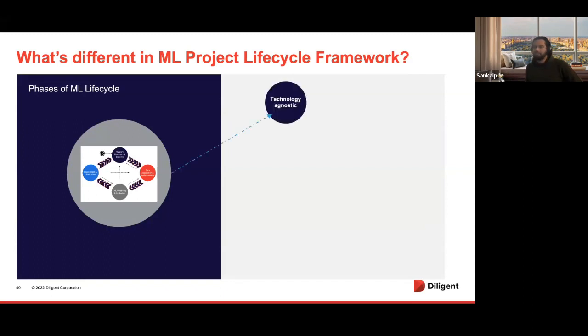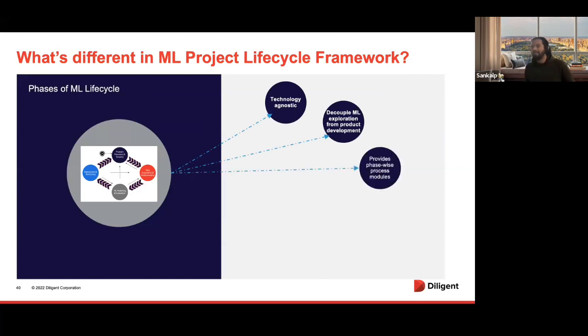So, just to summarize, a few takeaways of the things that make the lifecycle framework different is that it's technology agnostic. It tries to decouple the ML exploration phase from product development. It provides phase-wise process modules with steps and milestones so as to make sure that you're not missing out on some key aspect of the ML development process.